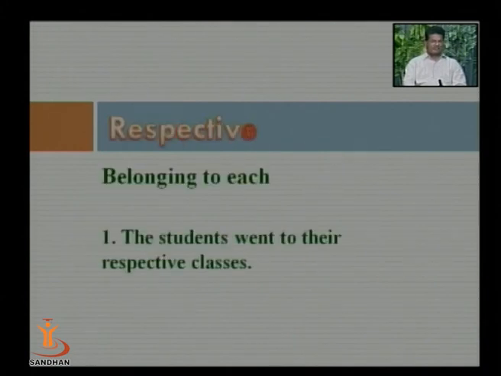While the pair opposite to it is respective, belonging to each. The students went to their respective classes. Respective class means one's own class, not others. So respective, belonging. The students went to their own classes.